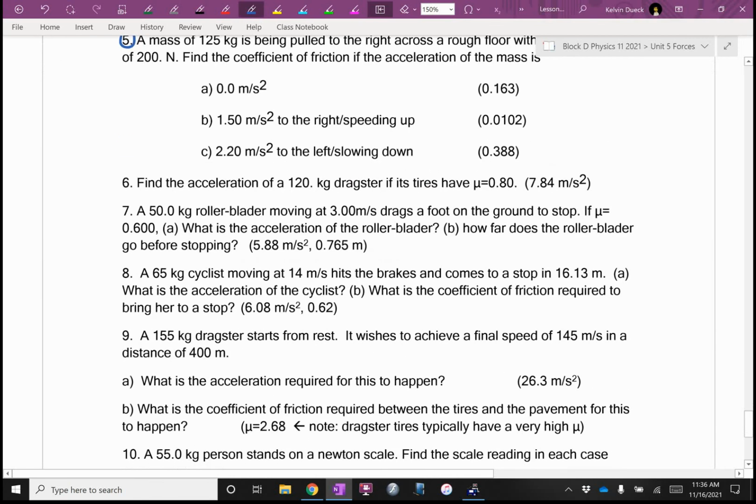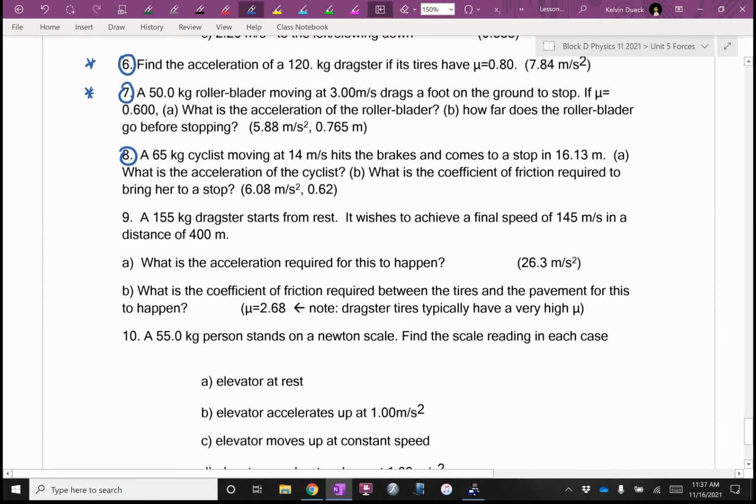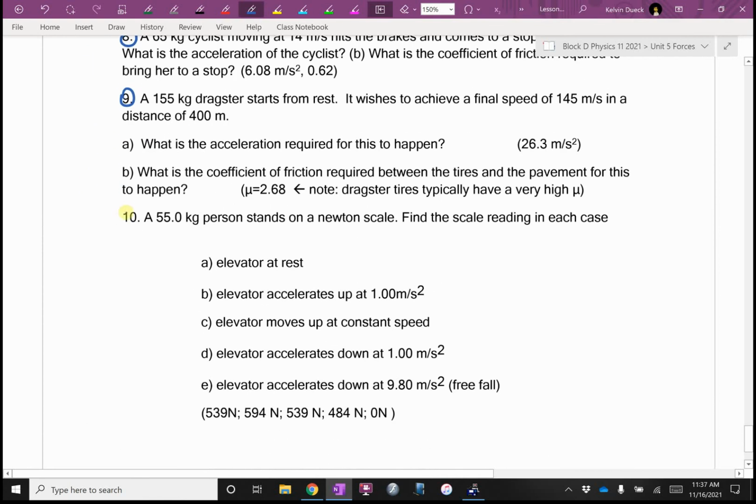I know 5 is good. 6 is good. I'm going to put a star next to 6, so easy that it's tough. 7 is good. I'm going to put a star next to 7. 8 is good. 9 is good.